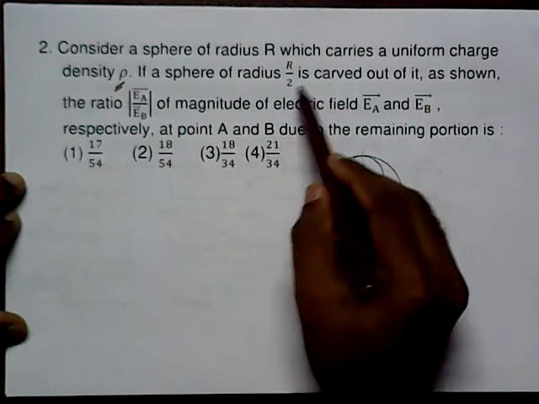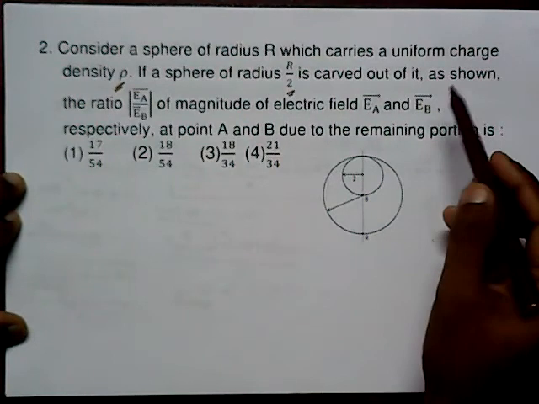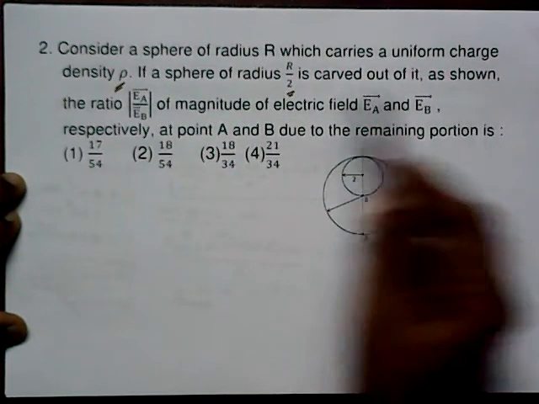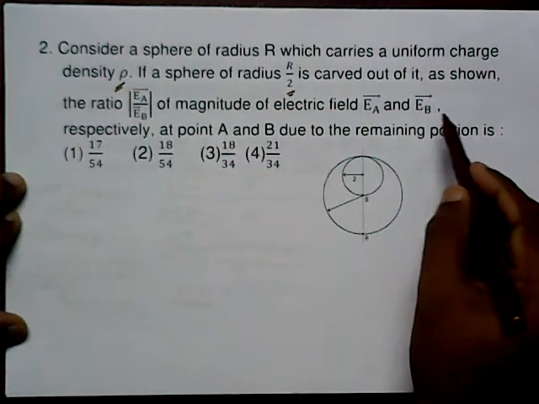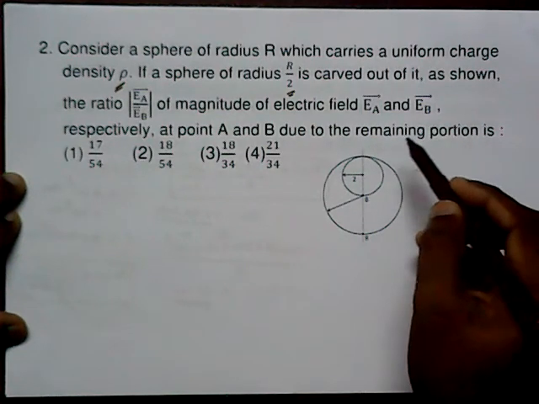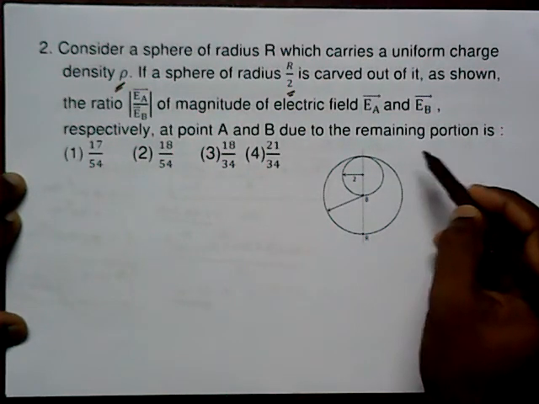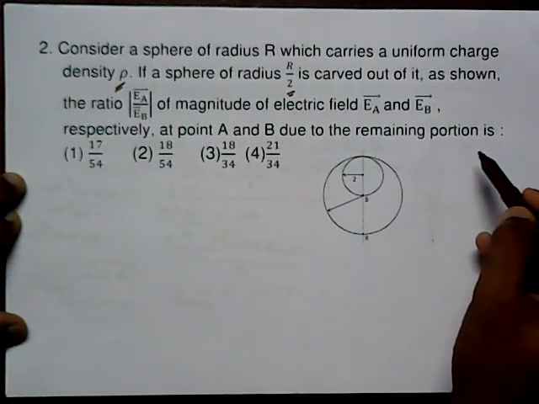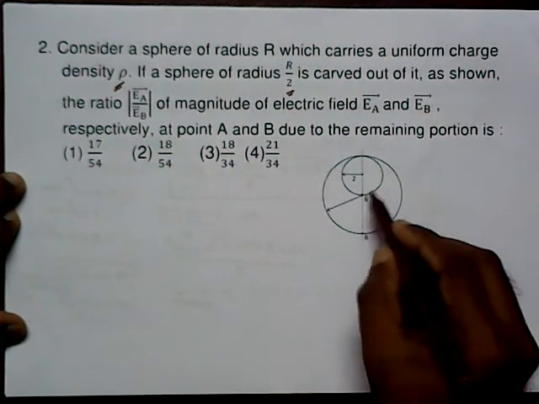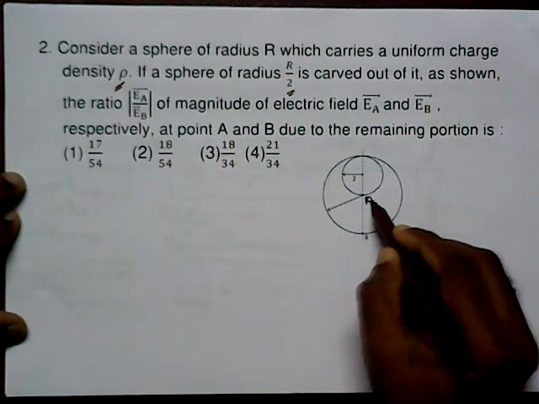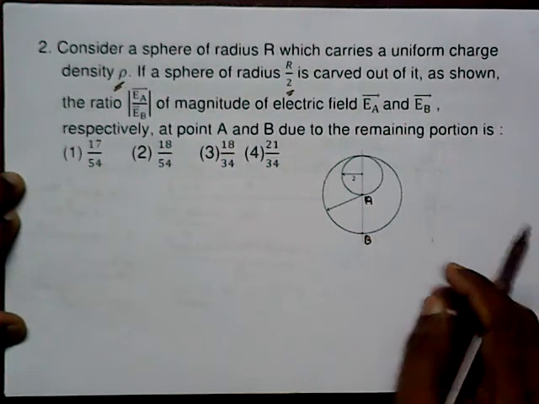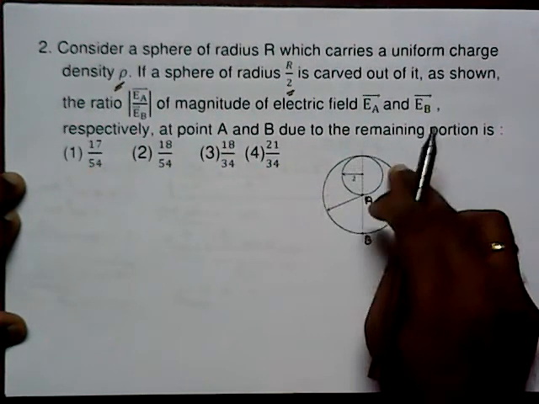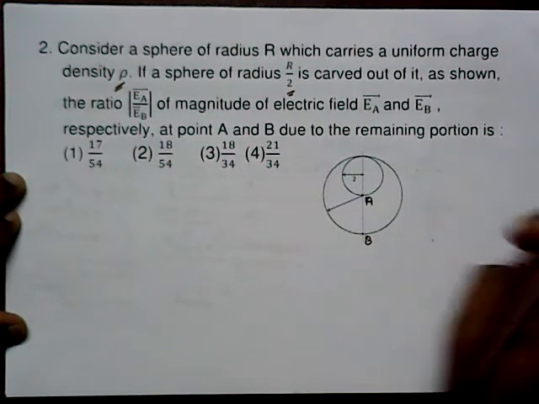If a sphere of radius R by 2 is carved out of it, then the ratio EA by EB of magnitude of electric field EA and EB at points A and B due to the remaining portion is. Suppose we consider the point as A here, the point as B. So the given charge is distributed on this remaining part only.